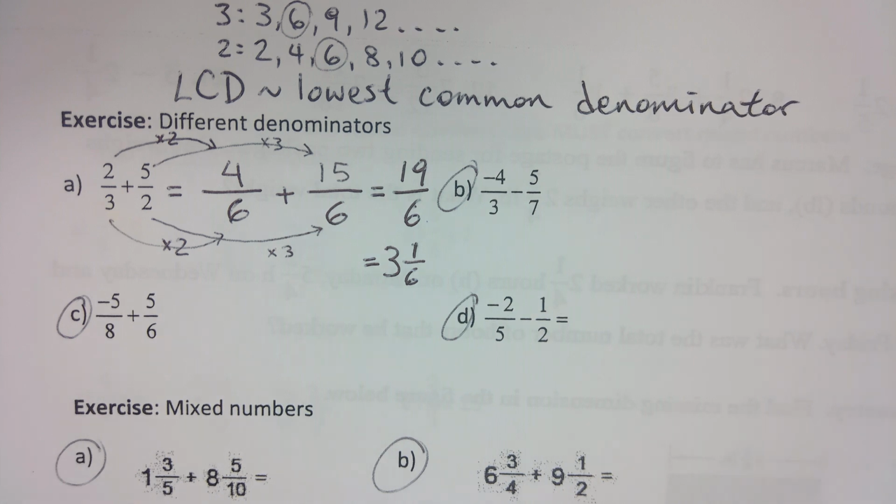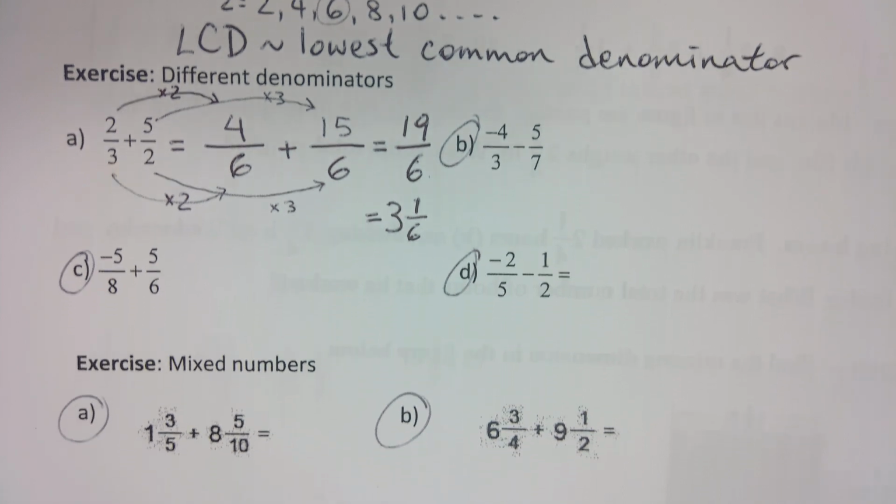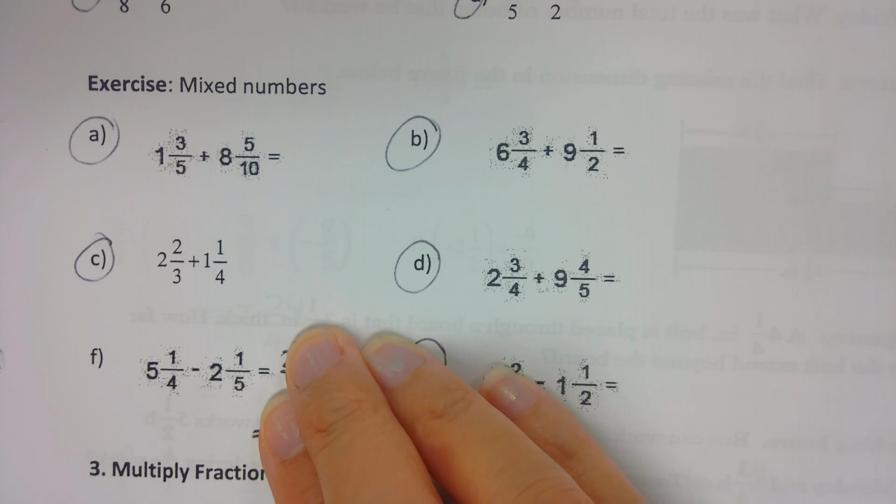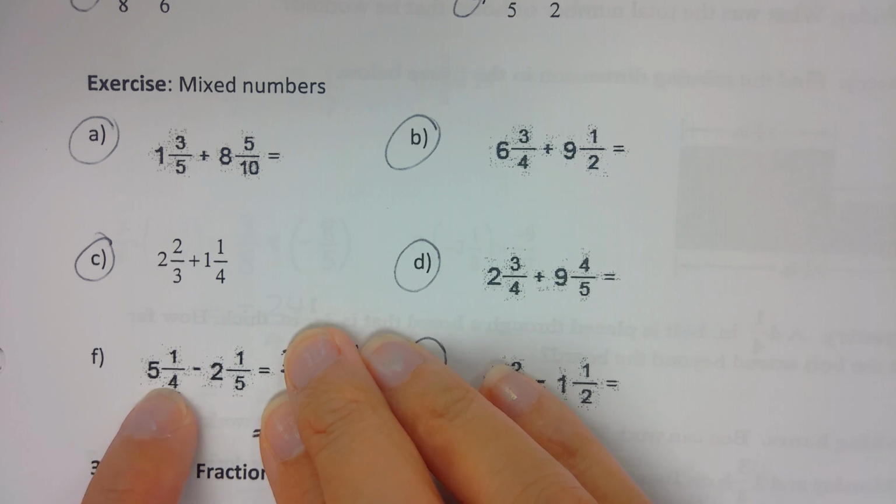Okay, let's try this one right here, F. Alright, 5 and 1/4 minus 2 and 1/5. So first step, I have to change it to an improper fraction. So what's this as an improper fraction? Stephen?